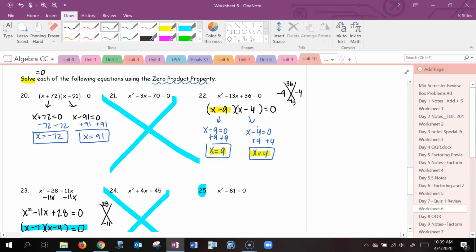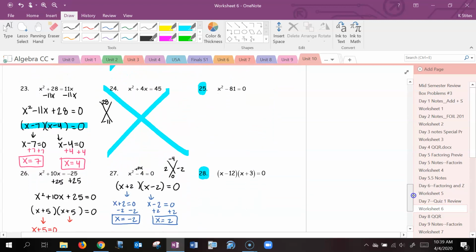This will only happen if you have an equal sign and if the directions tell you solve. Solving means you're going to set each part equal to 0 and get your answers. But again, you must be in factored form first. We can't just set each of these parts equal to 0. It will not work. You've got to find your two numbers first.